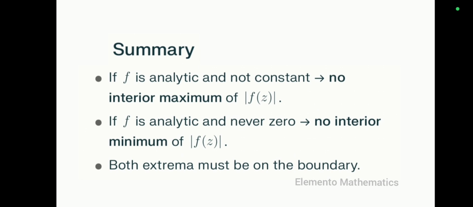Similarly, if the function is analytic and never 0, and not constant, then the modulus of the function has no interior minimum point. It means the minimum is also on the boundary. So both the maximum and the minimum are forced onto the boundary of the region, not inside the domain.